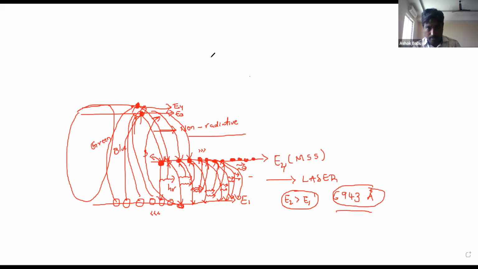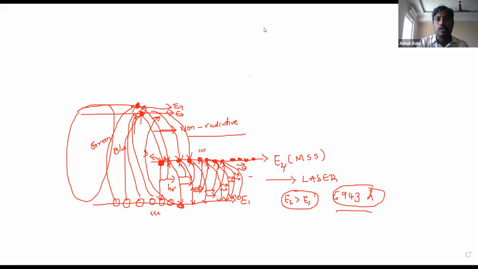Out of 51, 25 students are raising their hands. 26, 27. Okay, so around 30 students are raising their hands.